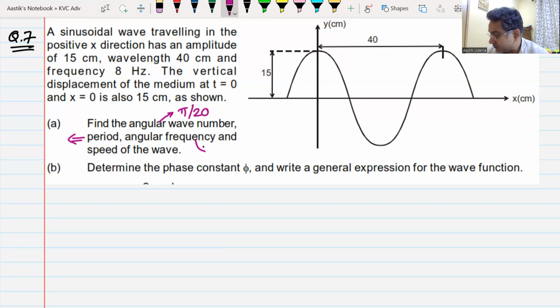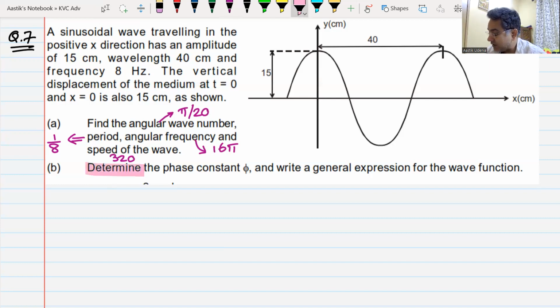Period means time period. 1 by 8 seconds, sir. Okay. Angular frequency. 16 pi. 16 pi. Accepted. Speed of the wave. 320 centimeters per second, sir. 320 centimeters per second. Now comes the last part.